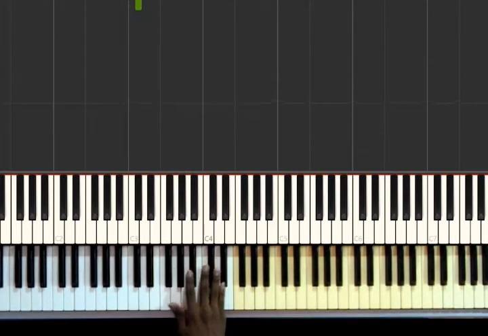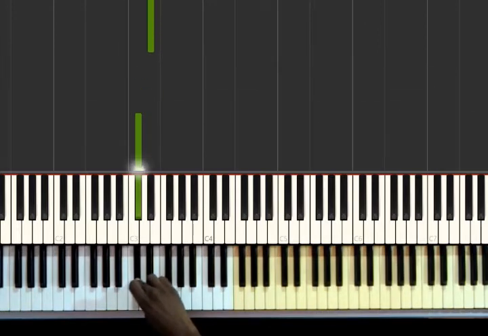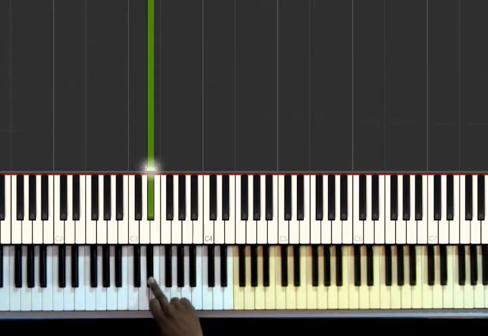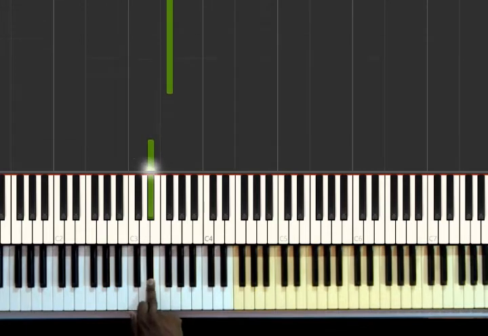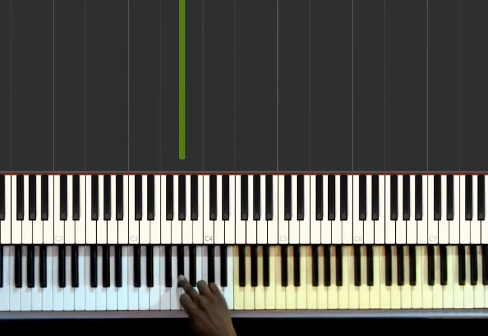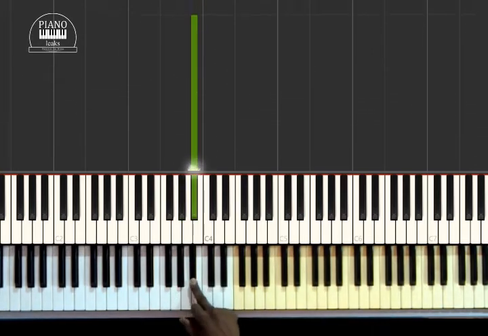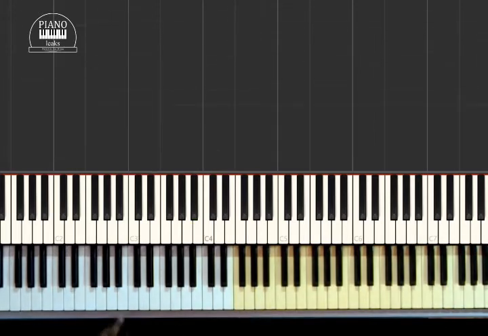The accidentals, C sharp or D flat, D sharp or E flat, F sharp or G flat, G sharp or A flat, A sharp or B flat. You are to know the reasons why the accidentals have two names each. You are expected to know all these.